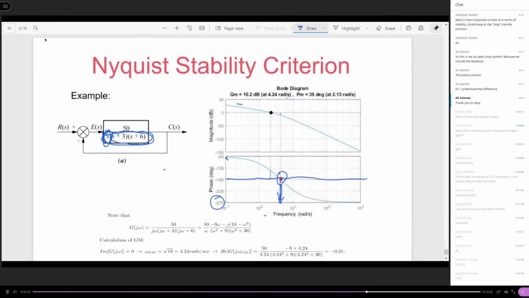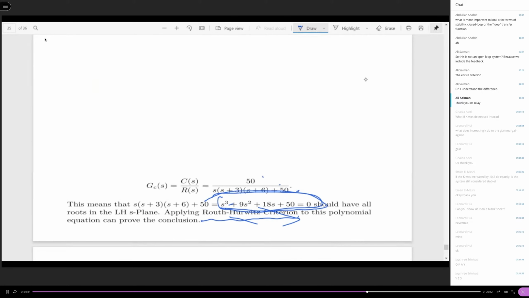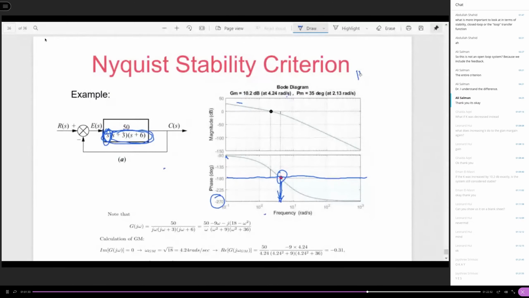By the way, this plot is produced by MATLAB. If you use the margin command, it will give you the gain margin, phase margin, and the crossover frequency. So this frequency is 4.24 rad/s.